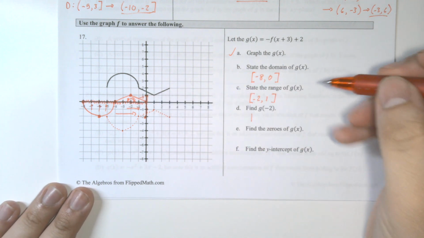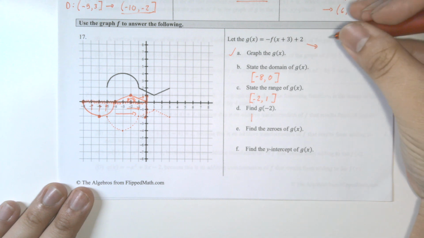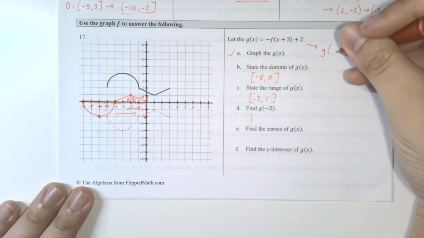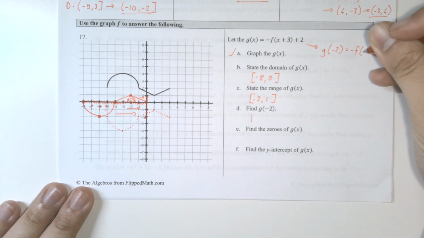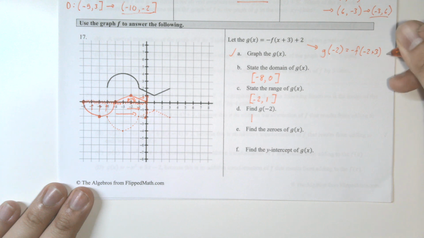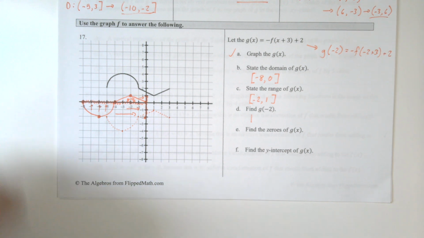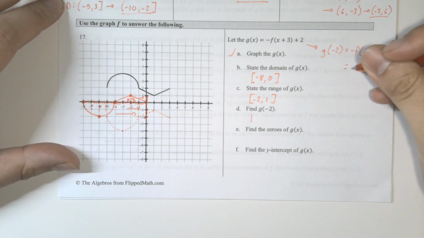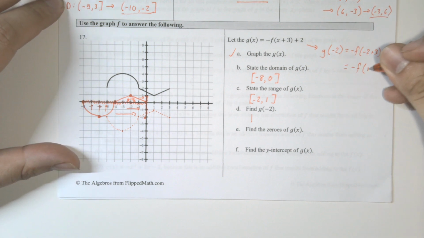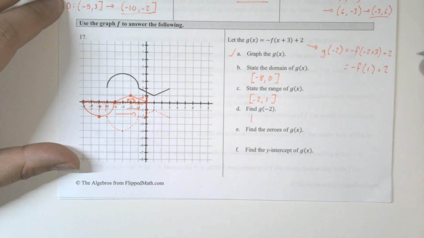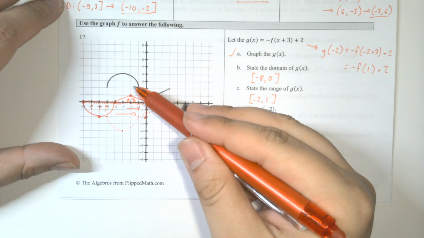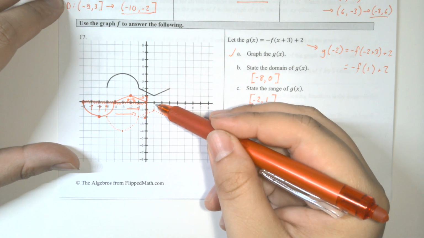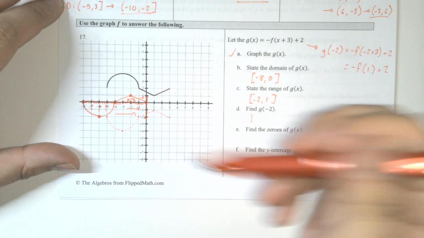The other way that you can do this is algebraically. So g of -2 would be equal to -f of -2 plus 3, plus 2. If we simplify that, we get -f of 1 plus 2, and f of 1, if we look at our original function, untransformed, f of 1 is also 1.